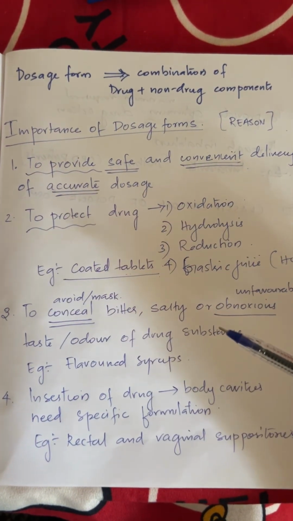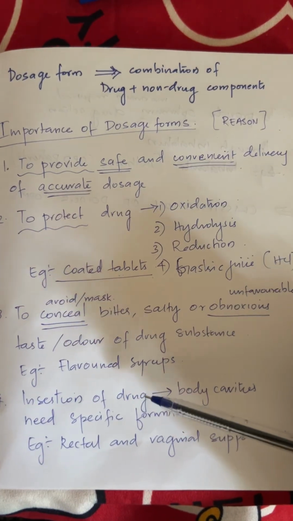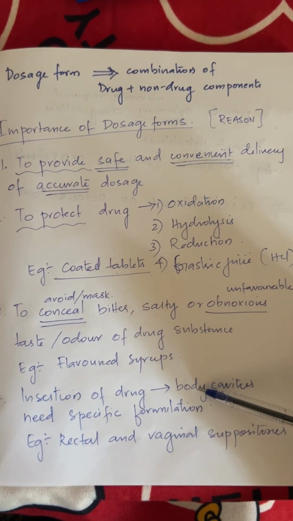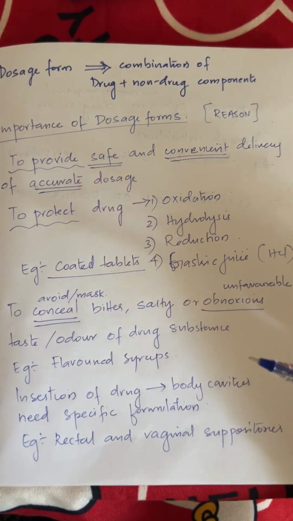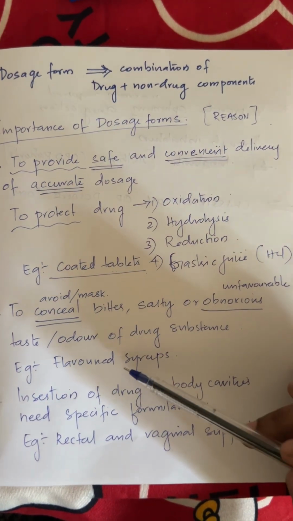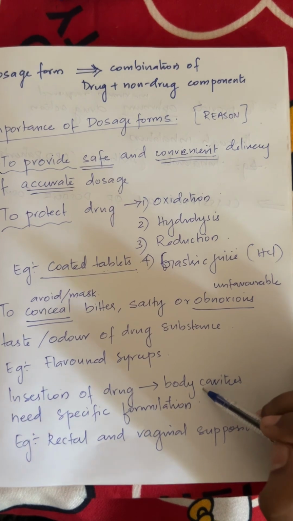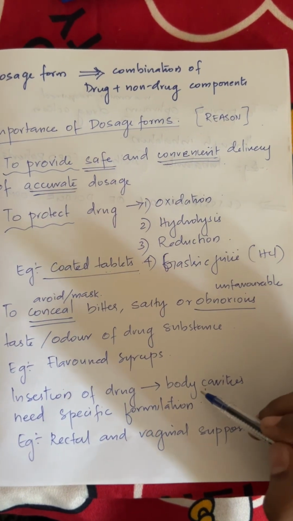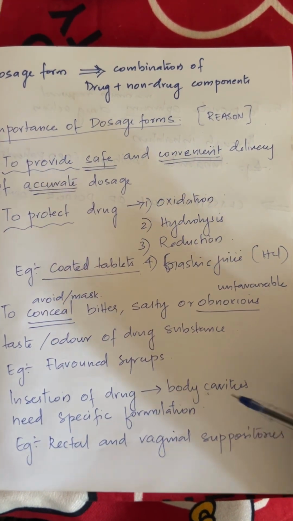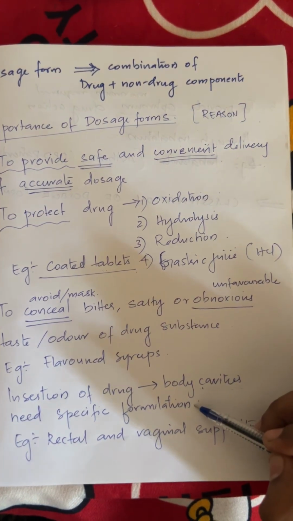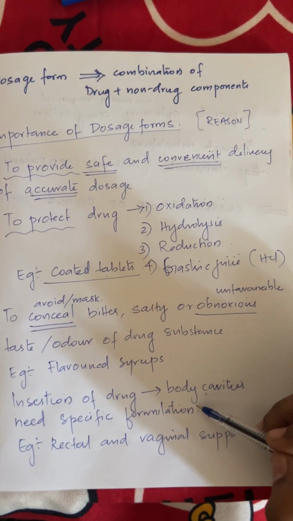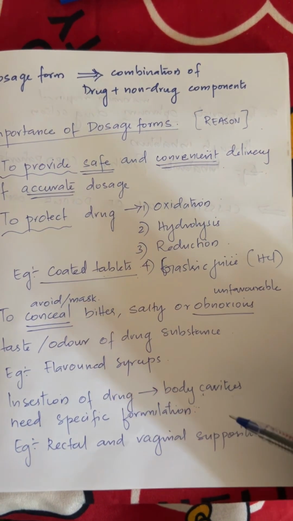Then the fourth point is that insertion of the drug in the body cavities needs specific formulation. Now the drug we are inserting in the body. What happens when we insert in the body cavities? A specific formulation is needed because it is not as easy as giving the drug in the oral form.